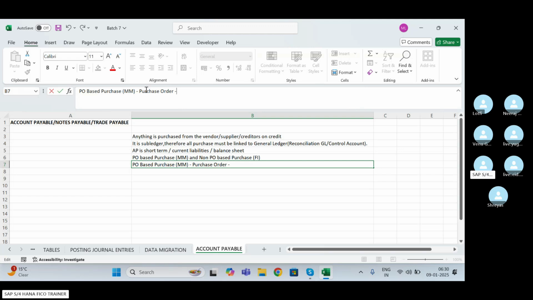Then this purchase order may go for the approval process within your company. Then your vendor will send the goods. So you do the MIGO, that is goods receipt entry.